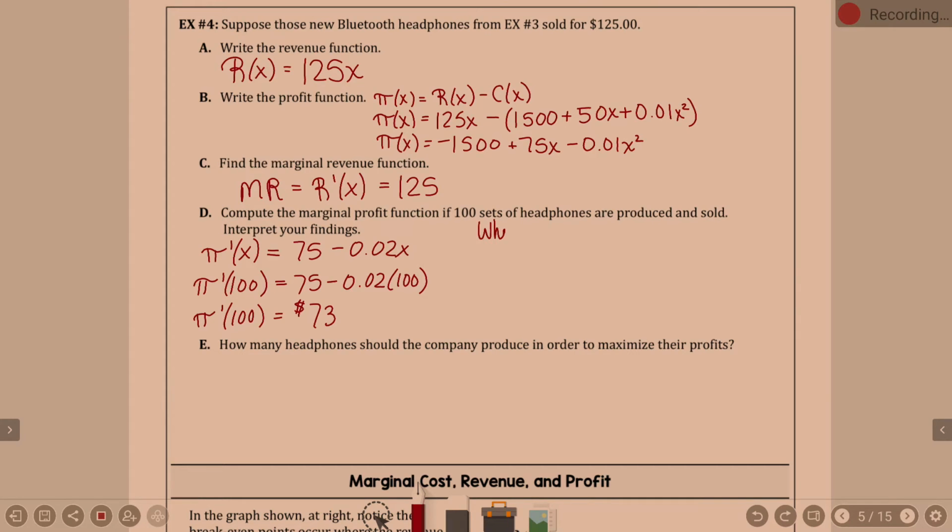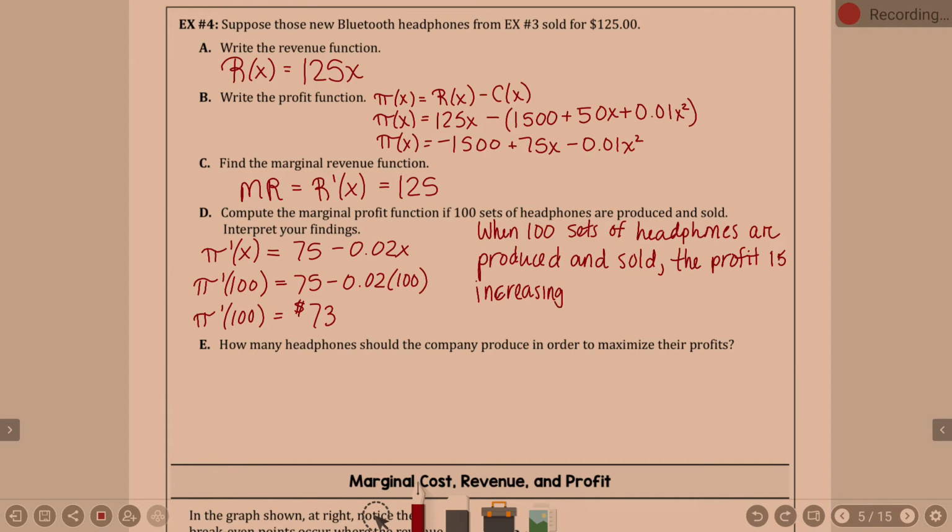So, when 100 sets of headphones are produced and sold, the profit is increasing because it's positive, right?